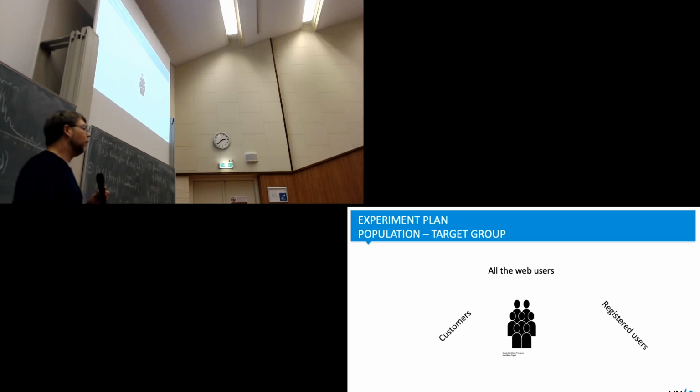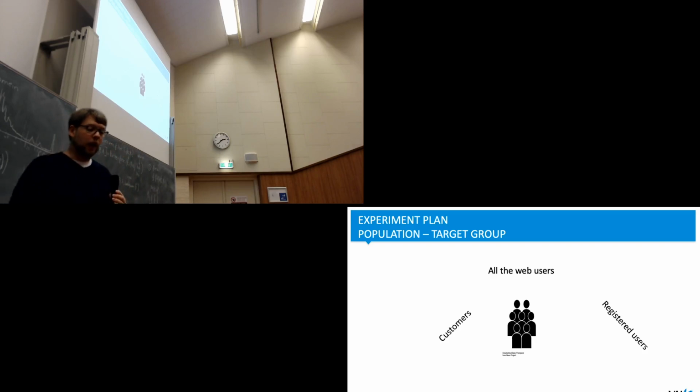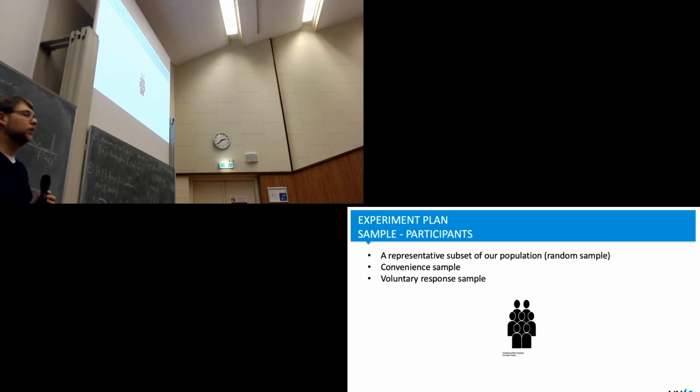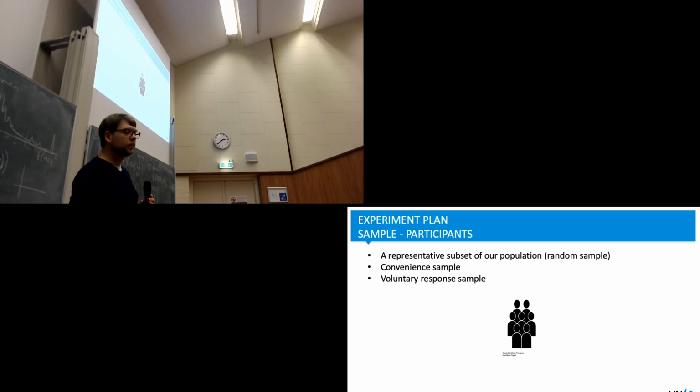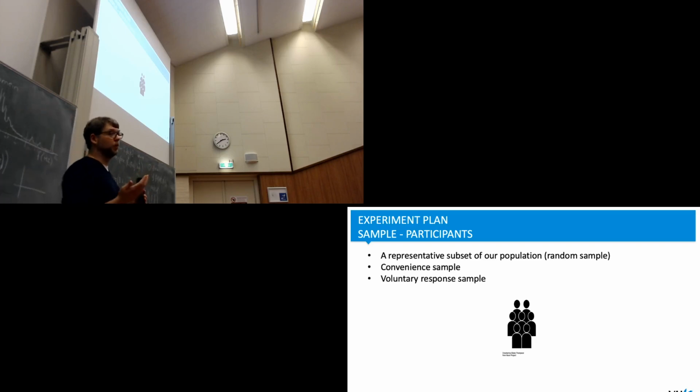And obviously, we cannot test our application, our interface, with all of our users, simply because it's not feasible. So we have to get a sample, a subset of the population which represents all our target group. And this is again quite tricky, because how do you get a representative sample of your user group, of your target group?